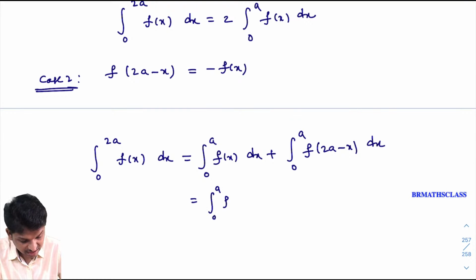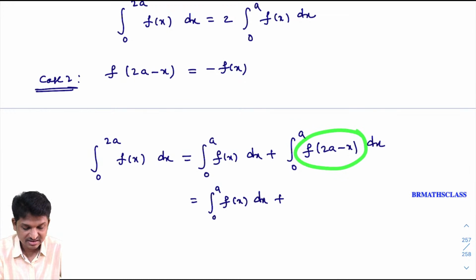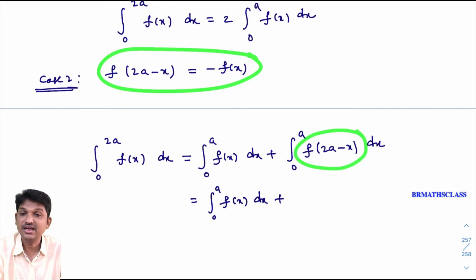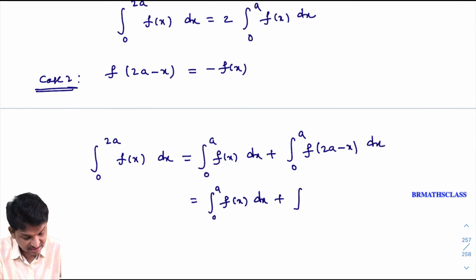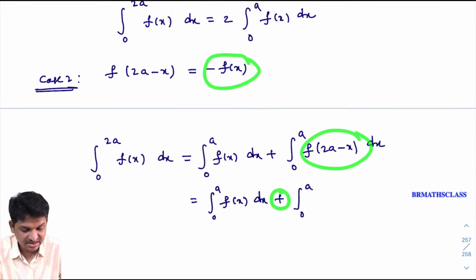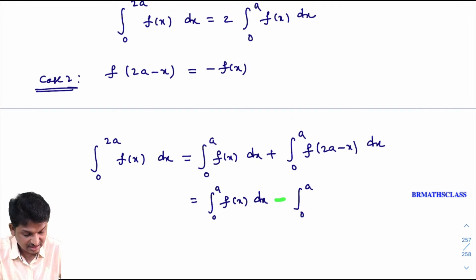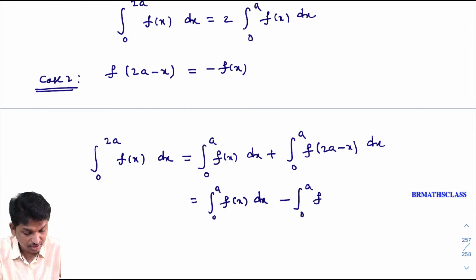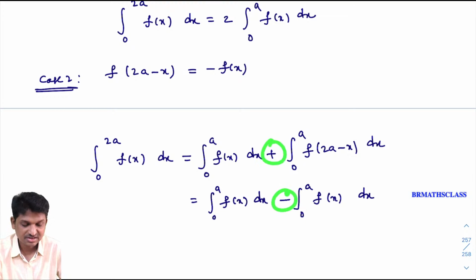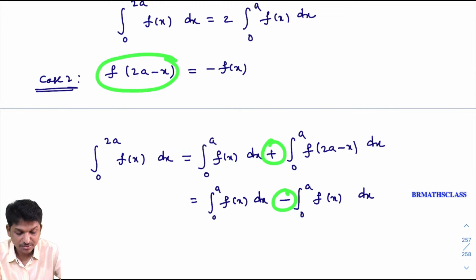Integral of 0 to a f of x dx plus integral of 0 to a f of 2a minus x. Now, wherever f of 2a minus x is there, you write minus f of x. So this is integral of 0 to a of minus f of x. Now that minus I will write here. Plus of minus is minus, 0 to a f of x dx. Very good, Jagdish. Look here, do not get confused with this minus. Here, f of 2a minus x is minus f of x.